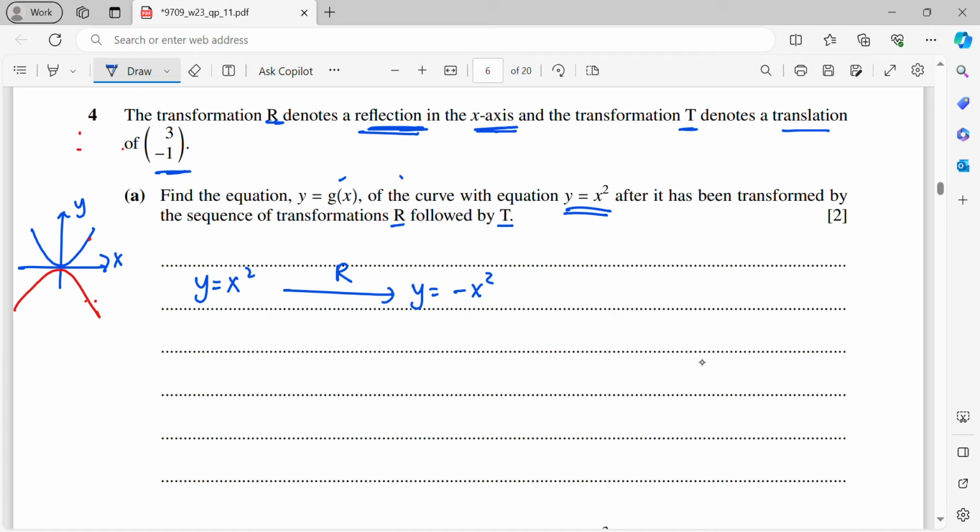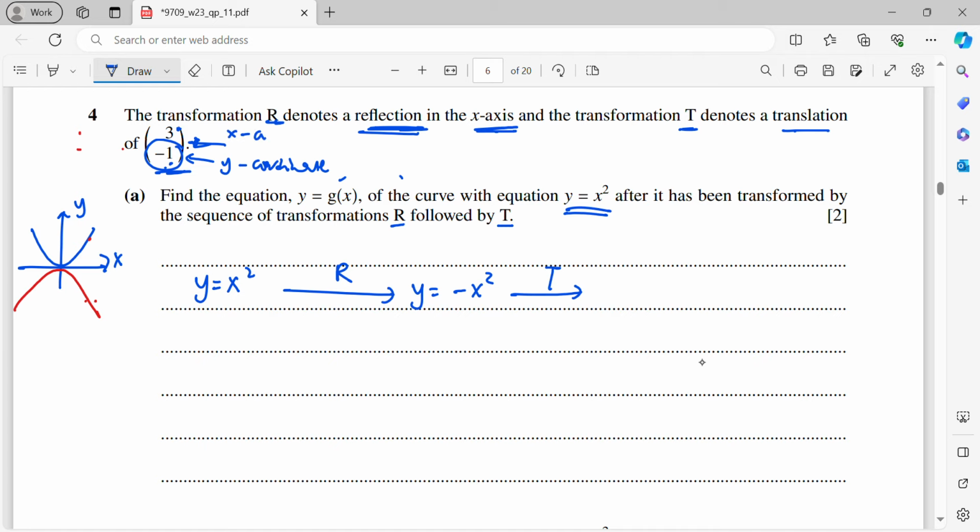Okay, and then after the transformation T, T means translation (3, -1). This 3 means that you move the graph to the right by 3 units, so it will affect the x coordinate. And then you move the graph down by 1 unit, which affects the y coordinate.